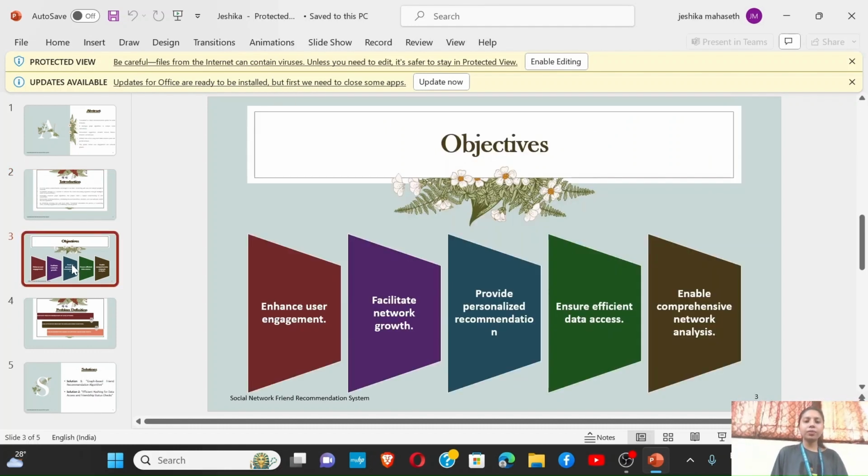Talking about the objectives, the objectives of the SocialLink social network friend recommendation system project are to enhance user engagement and facilitate network growth by providing personalized friend recommendations.